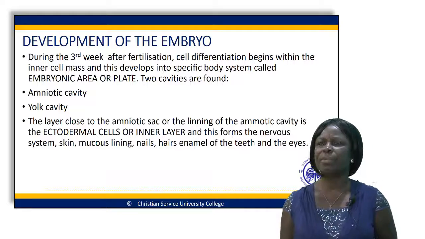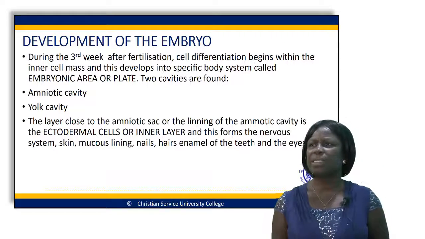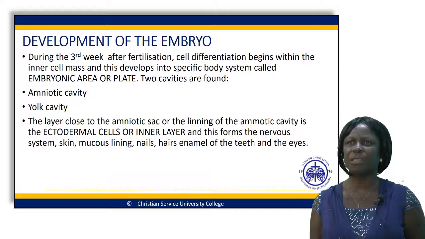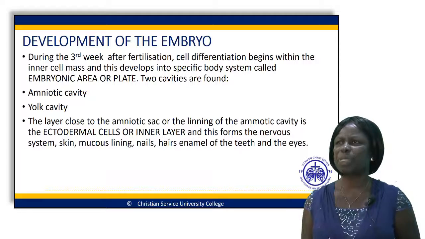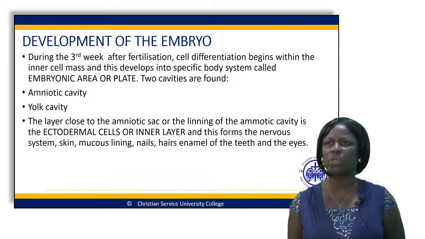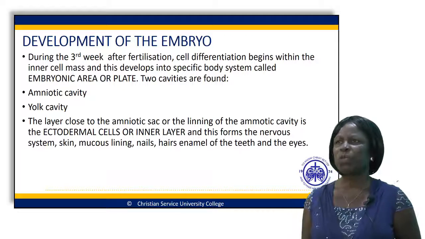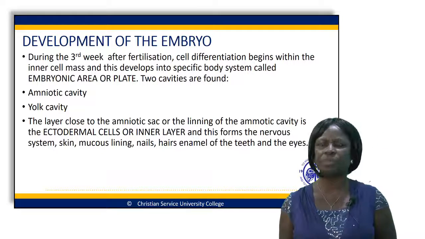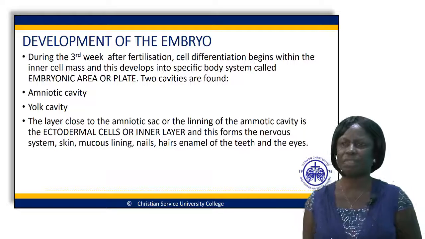Development of the embryo. During the 3rd week after fertilization, cell differentiation begins within the inner cell mass, and this develops into specific body systems called the embryonic area or plate. 2 cavities are found: the amniotic cavity and the yolk cavity.